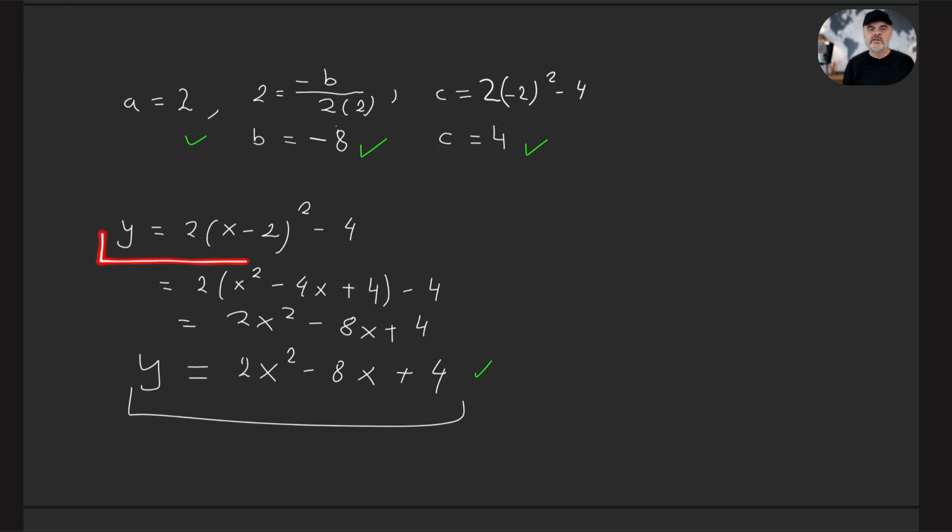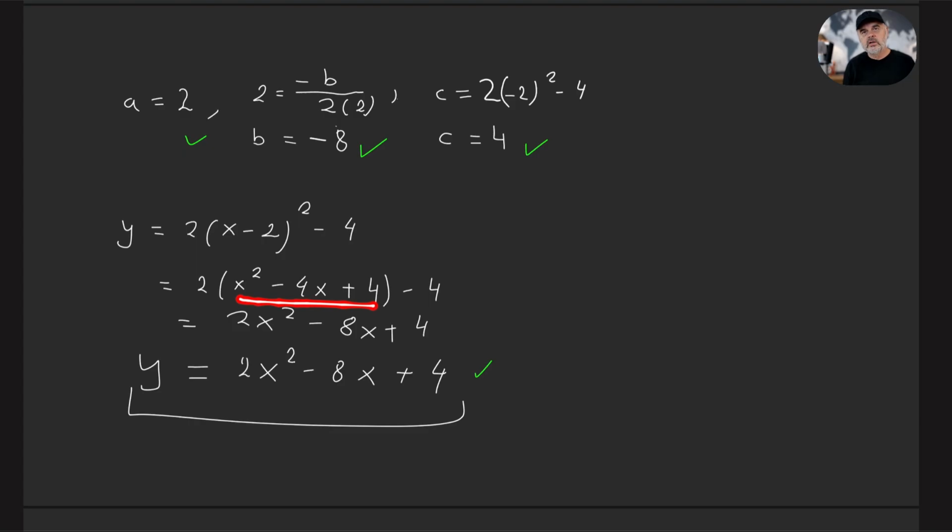Changing vertex form to standard form is about working with a perfect square trinomial, or being able to expand a binomial to the power of 2. This is done by the following steps. Keep the leading coefficient, expand inside: x minus 2 times x minus 2.